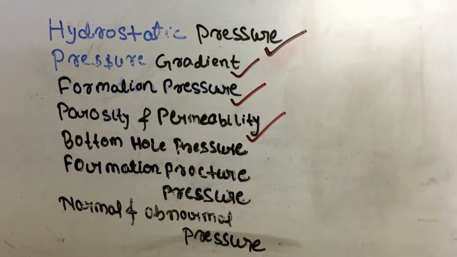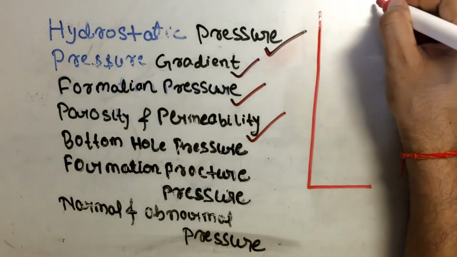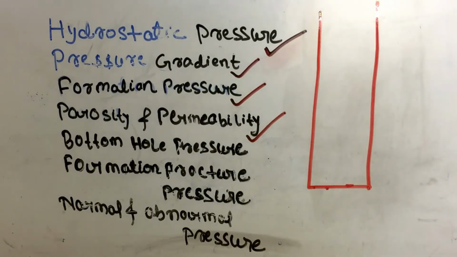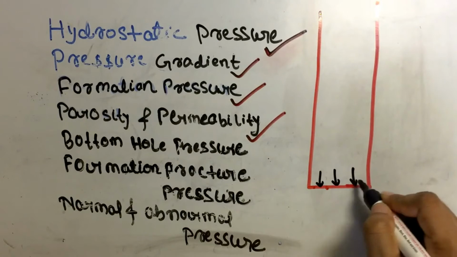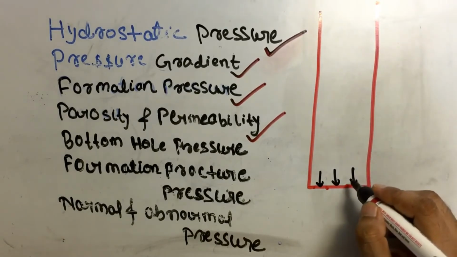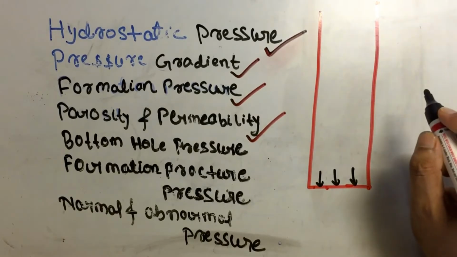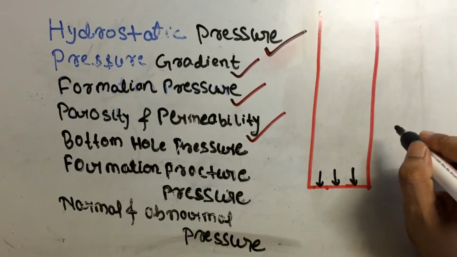I am going to draw a picture for our well diagram. This is the bottom of the well, and the pressure that acts here is known as bottom hole pressure. That means BHP is the sum of all pressures exerted on the bottom of the well.